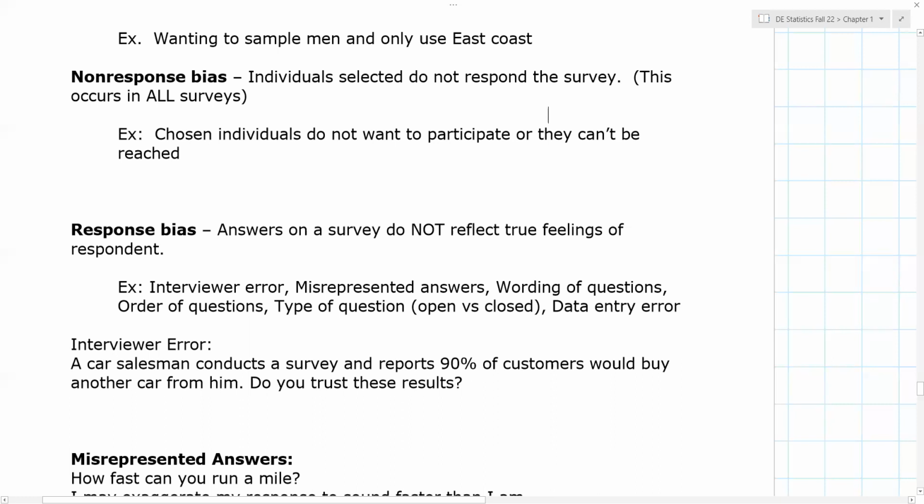If later on in this questionnaire I ask, hey, what do you like to do in your free time? Because that question I asked earlier talked about the Broncos, football, sports, going to sporting events, that is going to cause more people to write down going to football, watching the Broncos, that type of thing for that second question.